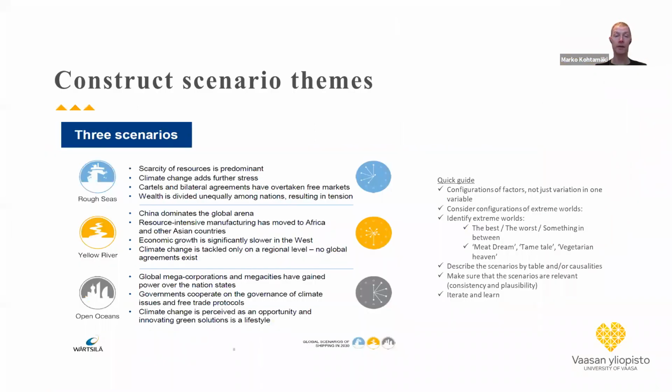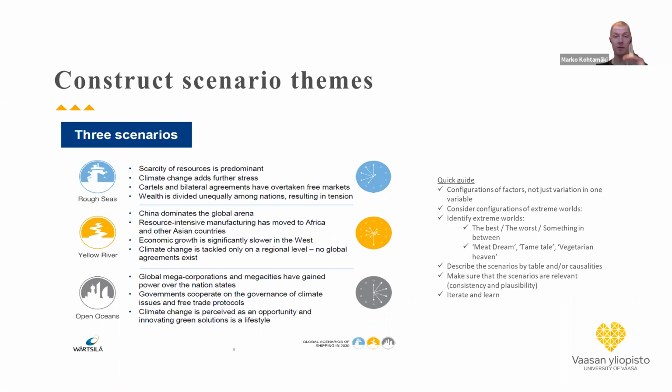You construct the scenario themes. Here, Wärtsilä crafted 3 scenario themes based on the trend analysis: rough seas, yellow river, and open oceans. So these were the 3 scenarios that they developed, the different possible futures that they identified.